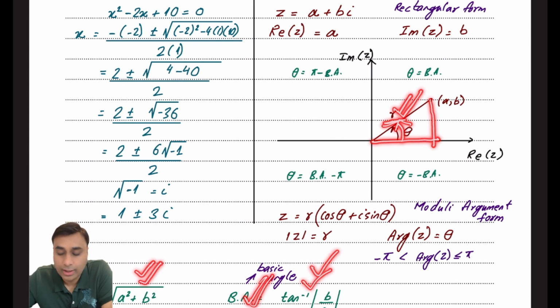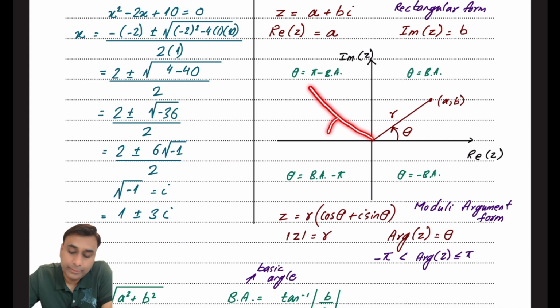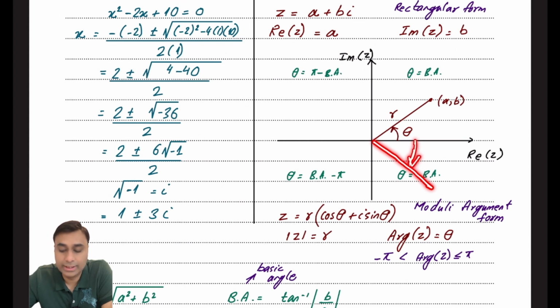And you can use these formulas to turn those basic angles into the argument. In the first quadrant, the argument would be the basic angle itself. In the second quadrant, you need to subtract the basic angle that you get from pi to get the argument. Similarly, in the fourth quadrant, it will be just minus of that basic angle.